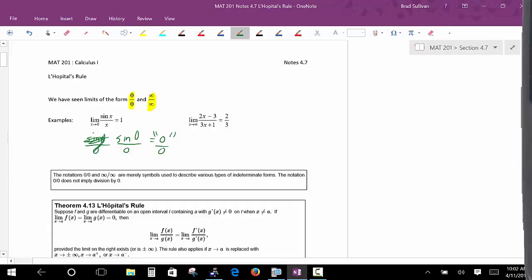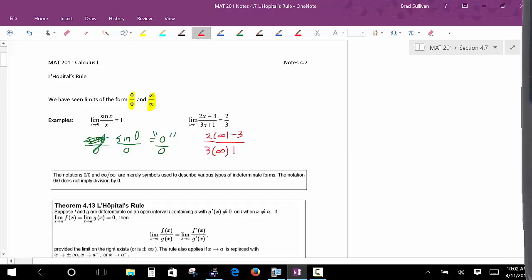So L'Hopital's rule is going to say that we can differentiate. We can do the derivative of the numerator and denominator, then attempt to reevaluate the limit. This one right here, you don't really plug in infinity, but it helps you to think through this problem.